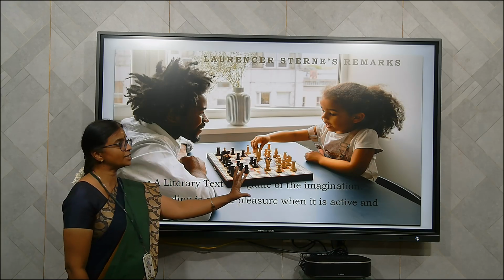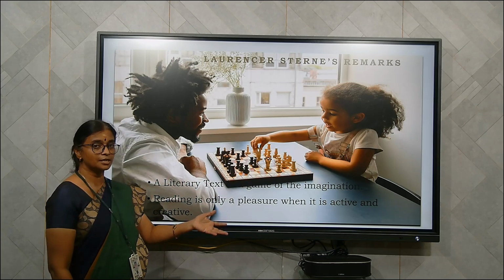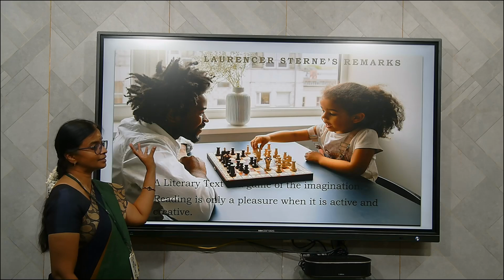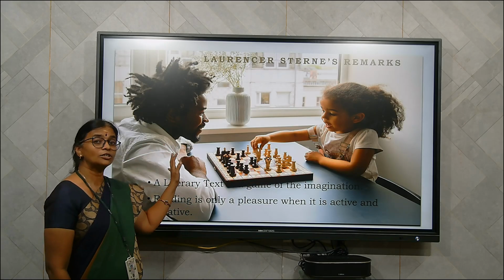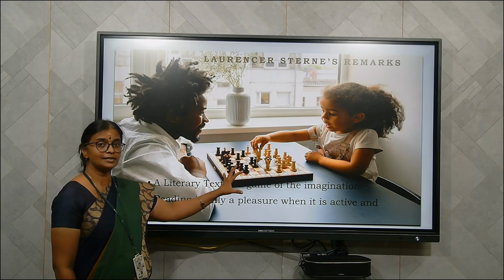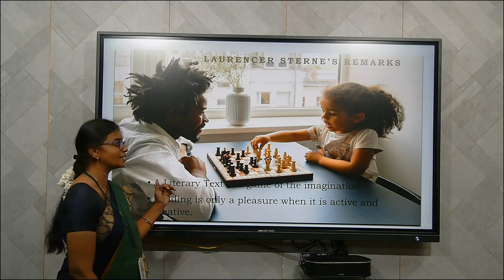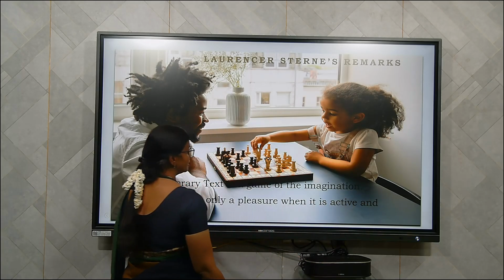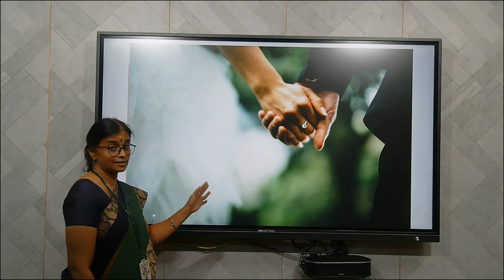Whereas if she plays from her view and plays her part, then it becomes successful for both of them. In the same way, if the dad is the author and the daughter is the reader, the author's part is writing the text, whereas the reader's part should also be creative and active. That is what is told by Laurence Sterne in his remarks about the literary text.